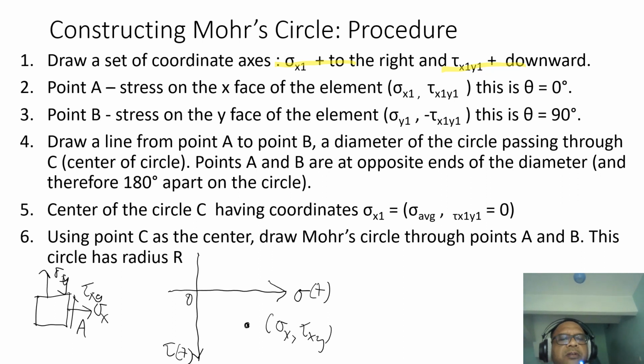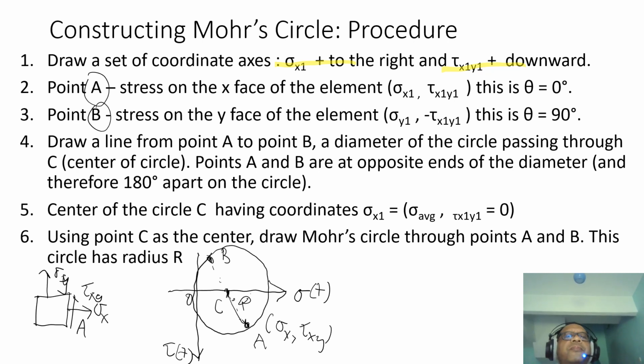Still positive, because the tau xy is still the same. So this is point A and point B. And then the middle one, this is C, which is the average. And from there, this is your R. So you can draw this Mohr circle here. Okay? So that's the way.